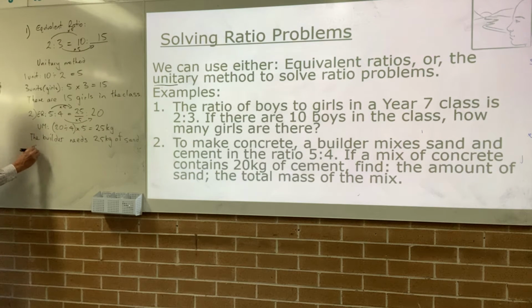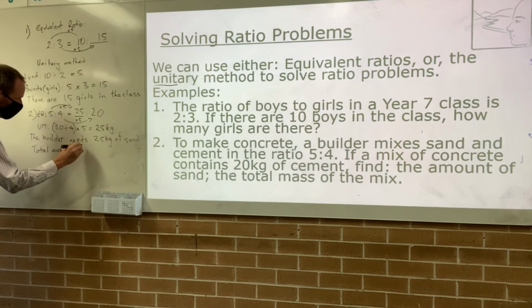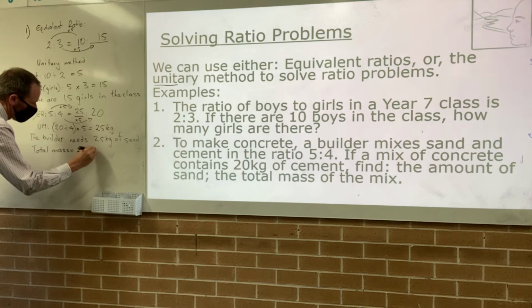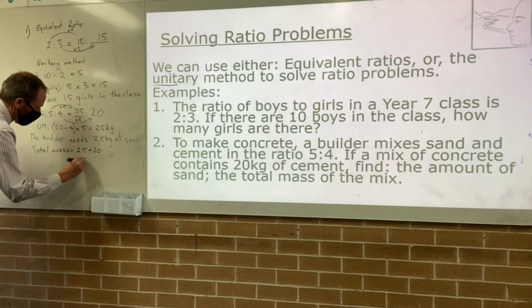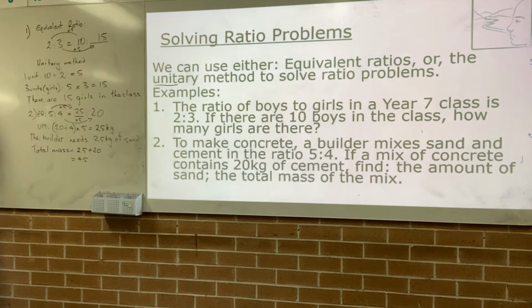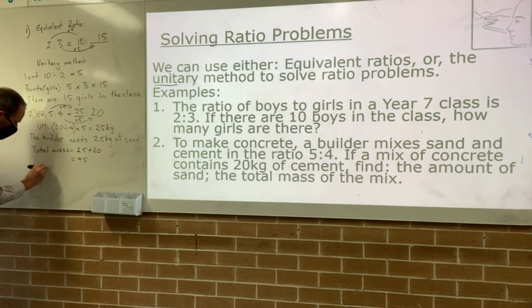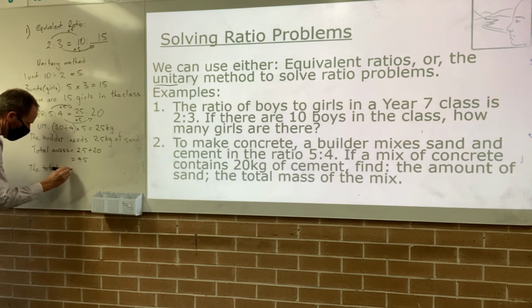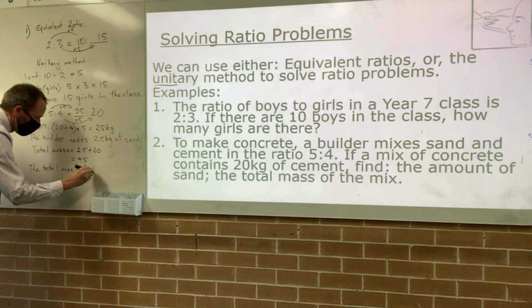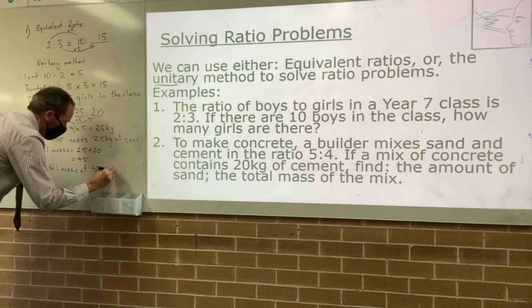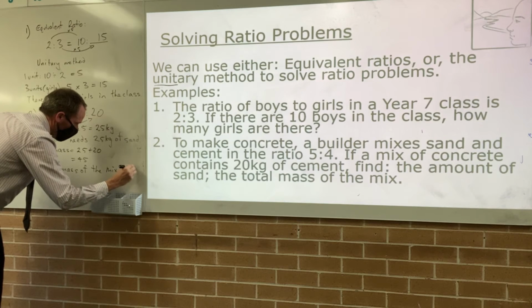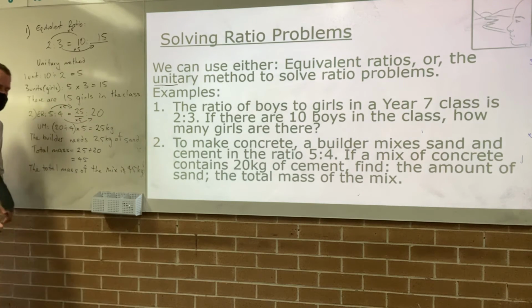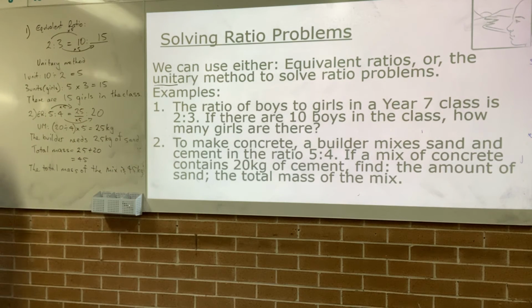So, total mass is equal to 25 plus 20, which is 45. So, you then need to write the total mass of the mix is 45 kg. Notice I also have my units there, Year 7.